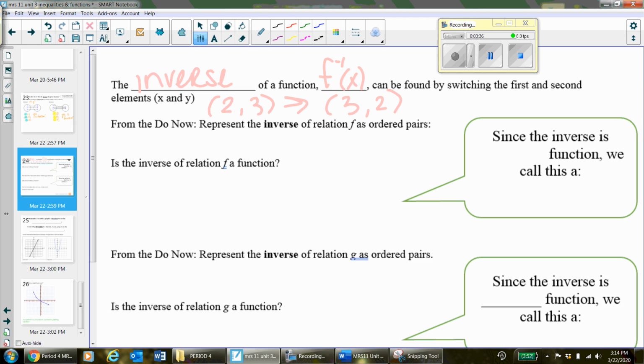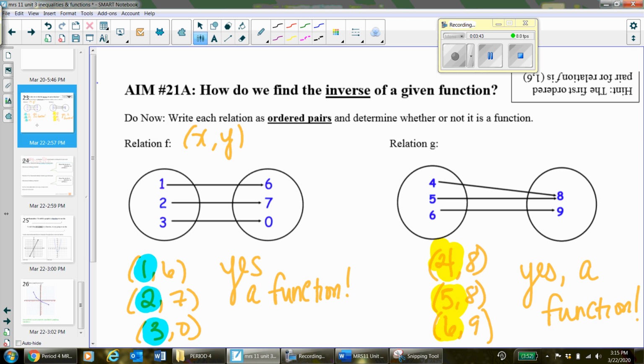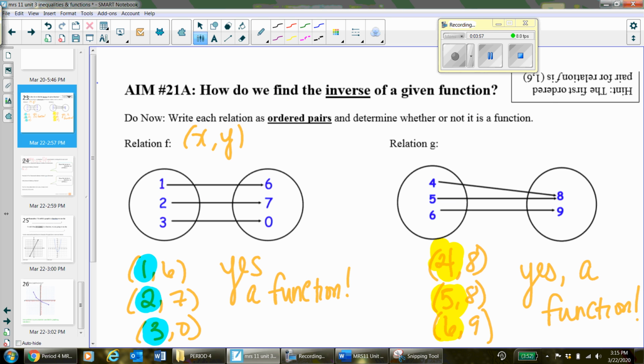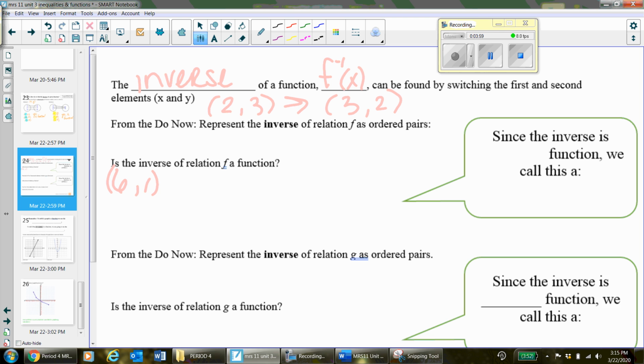Okay, so from the do now, represent the inverse of relation f as ordered pairs. Relation f, 1, 6 is first, so now it becomes 6, 1. Then 2, 7 was next, so it becomes 7, 2.